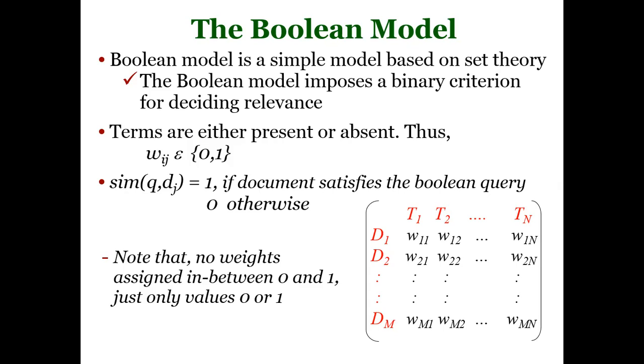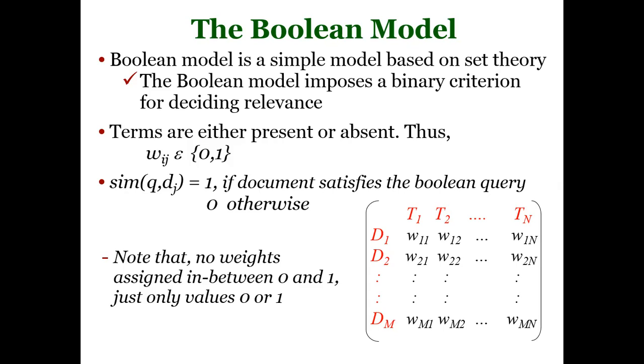And since it is a Boolean model, it also uses binary weight. That means if the term or word exists in a given document, it assigns 1. If the term or word doesn't exist within the document, it assigns 0.